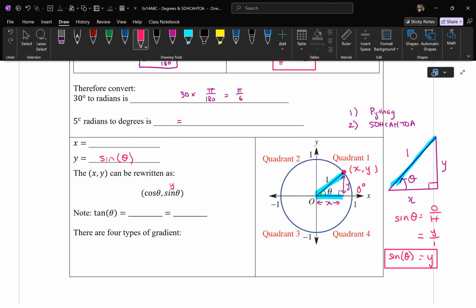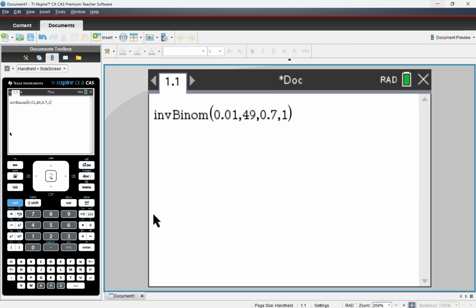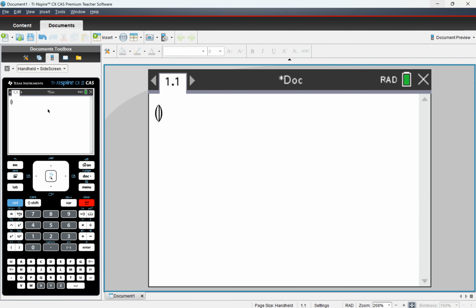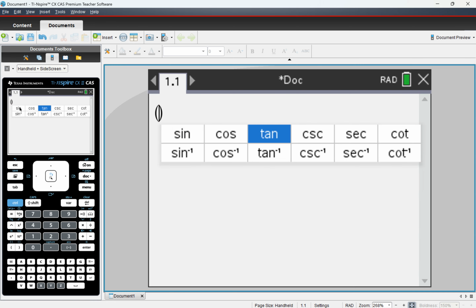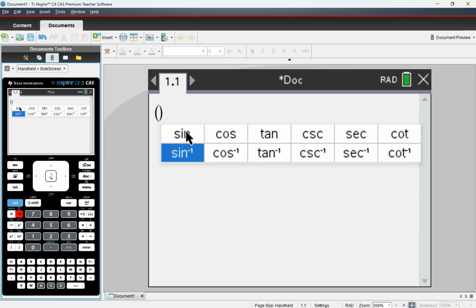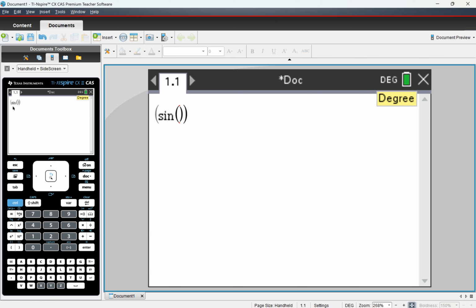So I'm going to use a CAS calculator to illustrate my point. Back then in year 9, when you type things like sine, so go to the trig side, and you do sine, and just making sure you're in degrees. I'm going to change that to degrees.